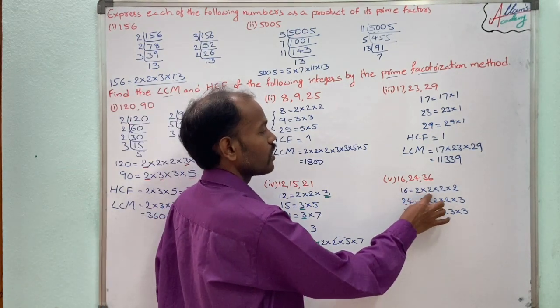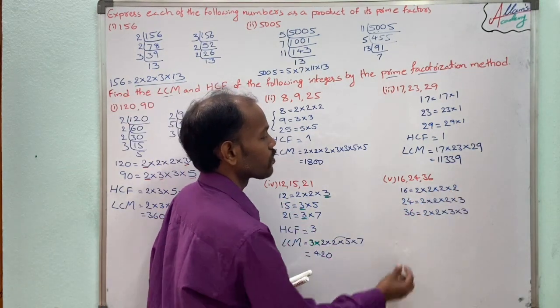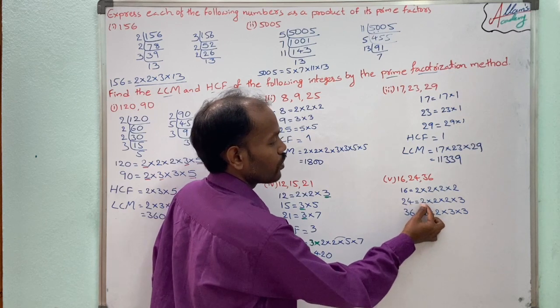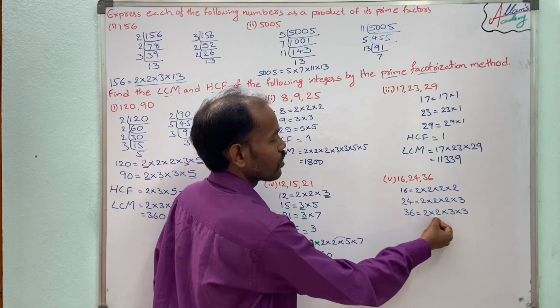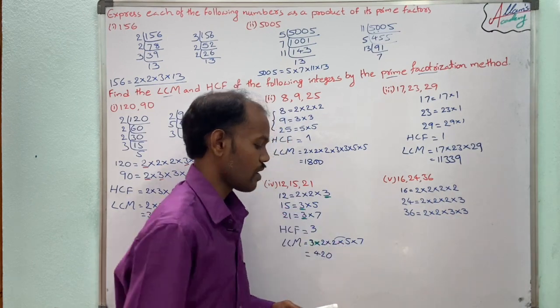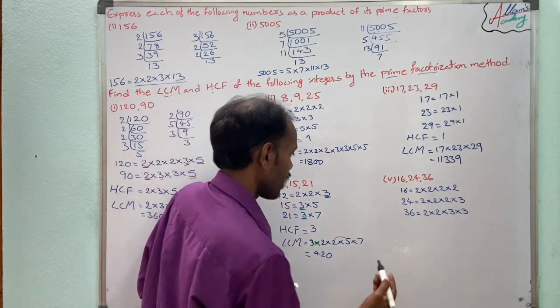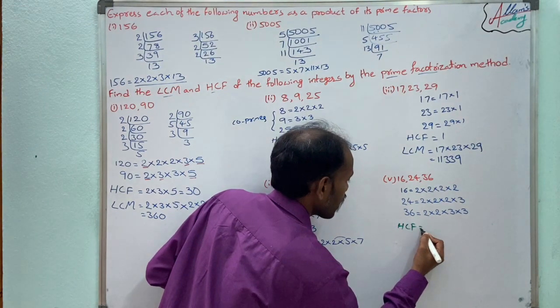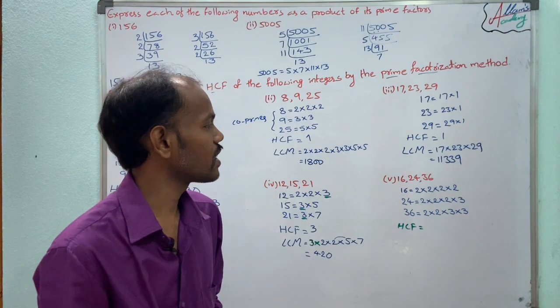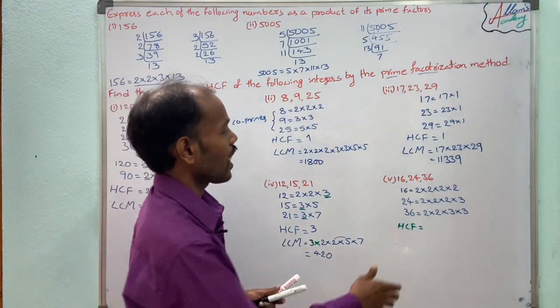These are the prime factorizations of 16, 24 and 36. 16 equals 2 into 2 into 2 into 2. 24 is 2 into 2 into 2 into 3. 36 is 2 into 2 into 3 into 3. So here the HCF of the numbers, HCF means we take the common pairs.